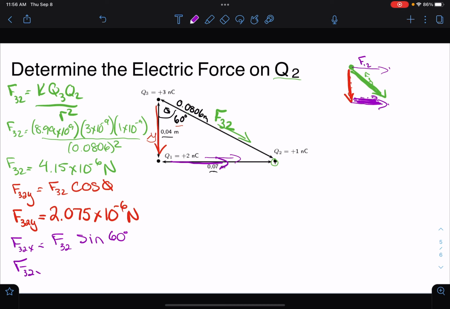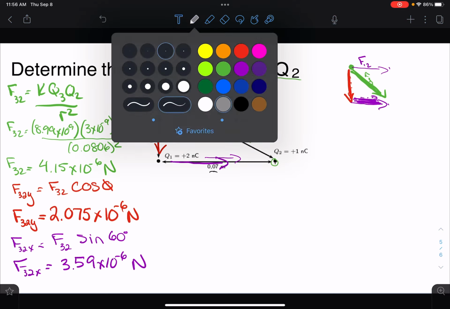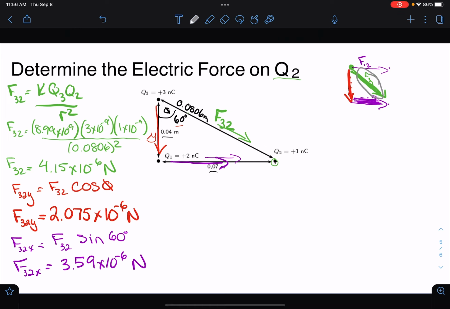And for this, I got 3.59 times 10 to the negative 6 newtons. Okay, so what I did there is I took this force and I broke it up into an x and y component, so I can now figure out my two x's and add those together.